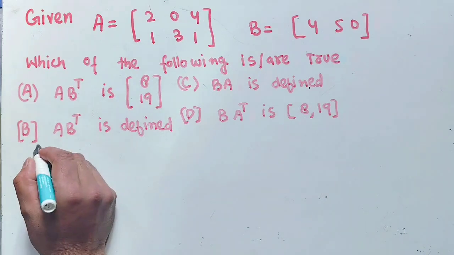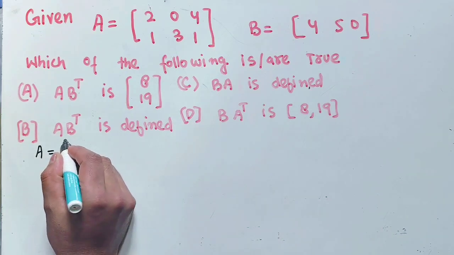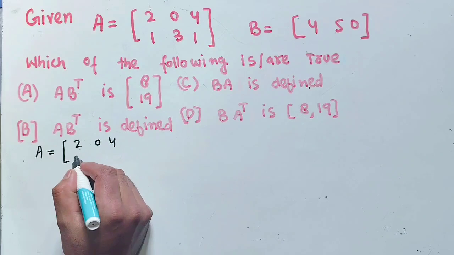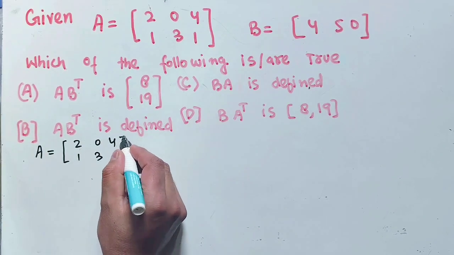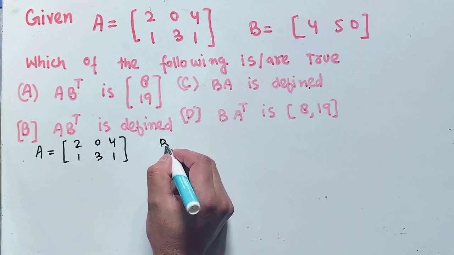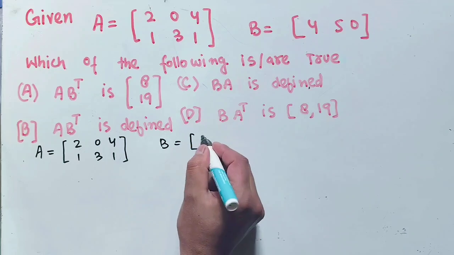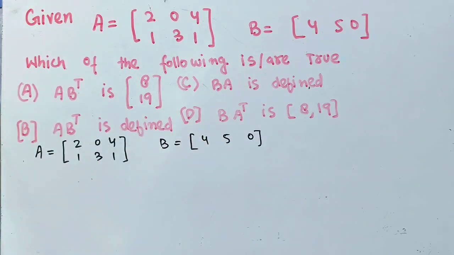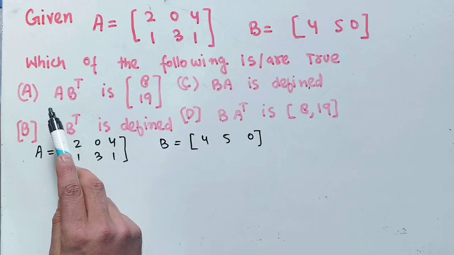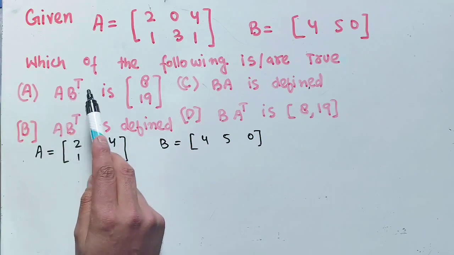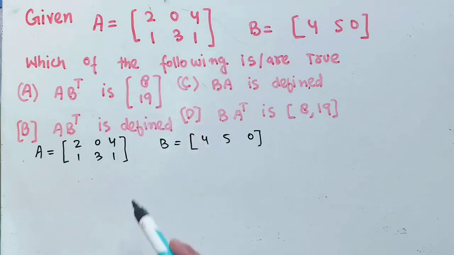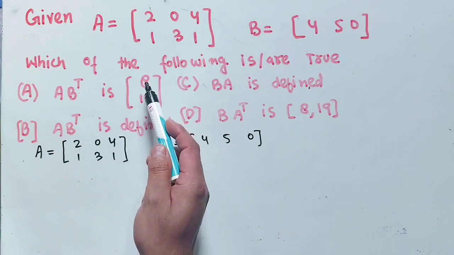So we have 2, 0, 4, 1, 3, 1 as the elements in matrix A. In matrix B, the elements are 4, 5, 0. Let us see the first option. The first option says the product of A times the transpose of B is the column matrix with elements 8 and 9.